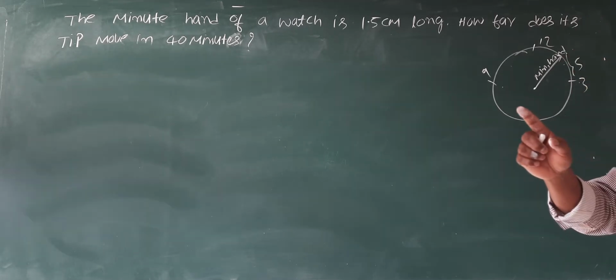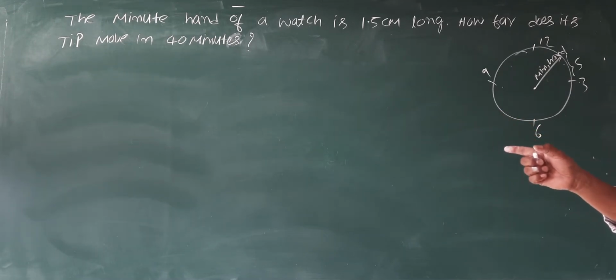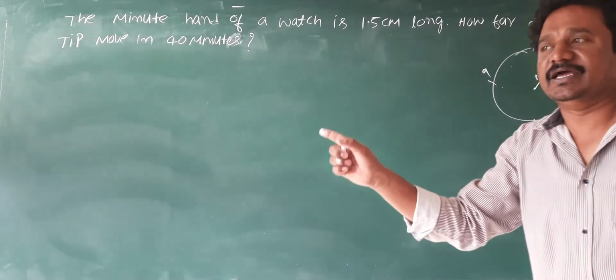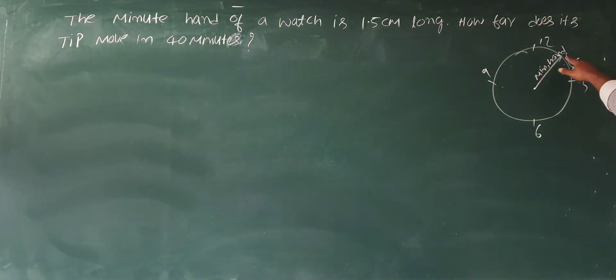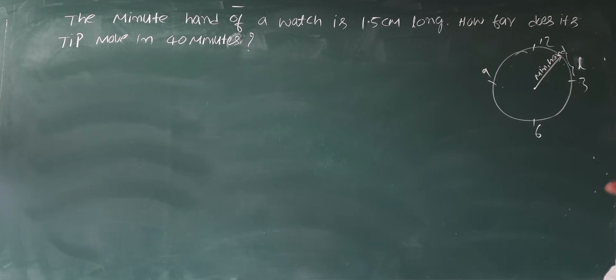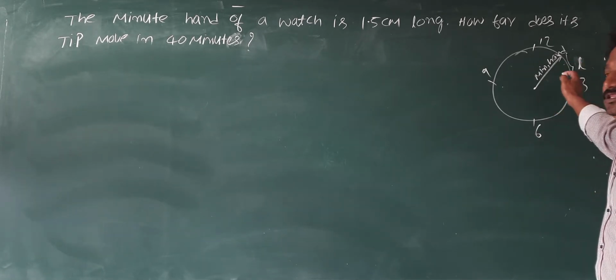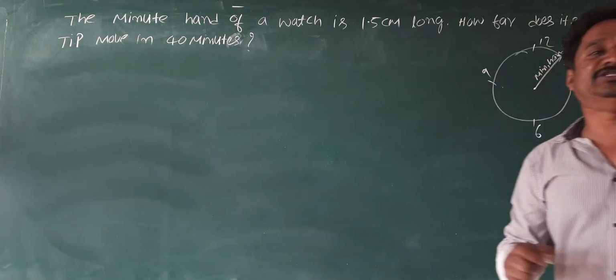The tip of the minute hand travels along the circle. That means we need to find the length of the arc, the distance covered by the minute hand in 40 minutes.